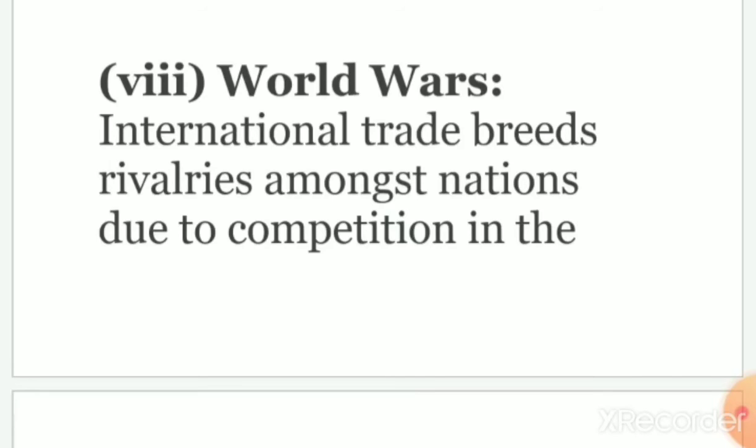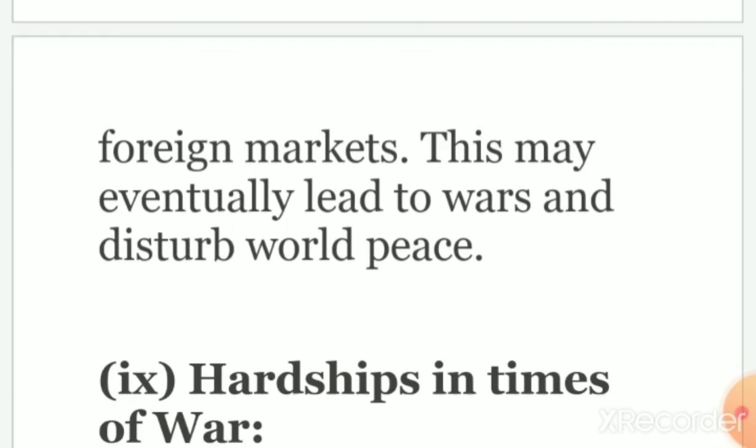International trade breeds rivalry among nations due to competition in the foreign market. This may eventually lead to wars and disturb world peace. Similarly, we can see in the present scenario the fight between China and the US. This is basically an economic fight coming from international trade, which ultimately will become a political fight. So we should be serious about it. Trade ultimately can lead to international war, world war.